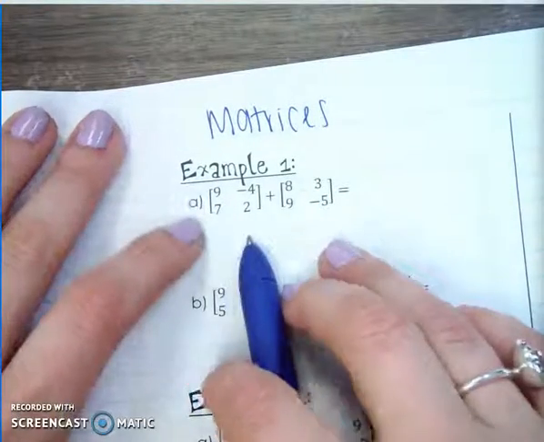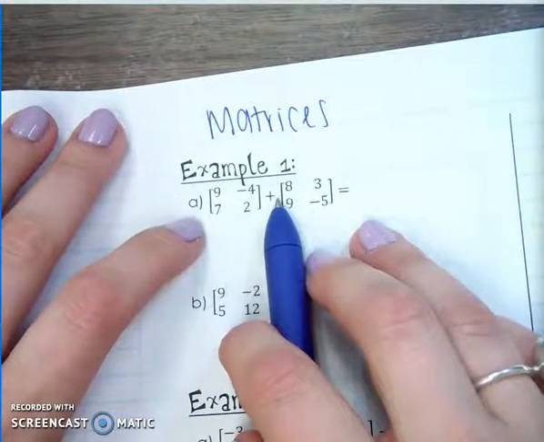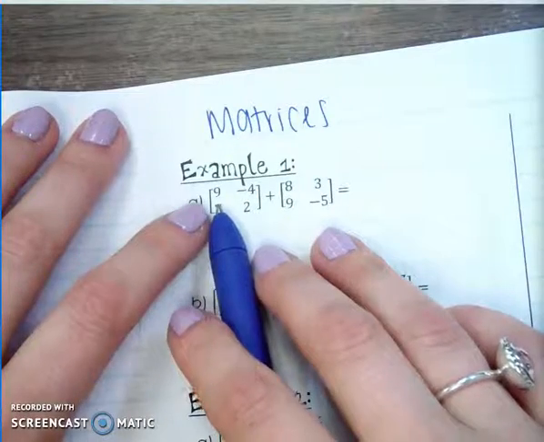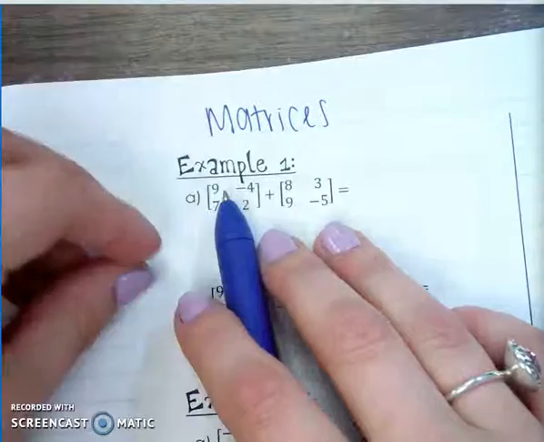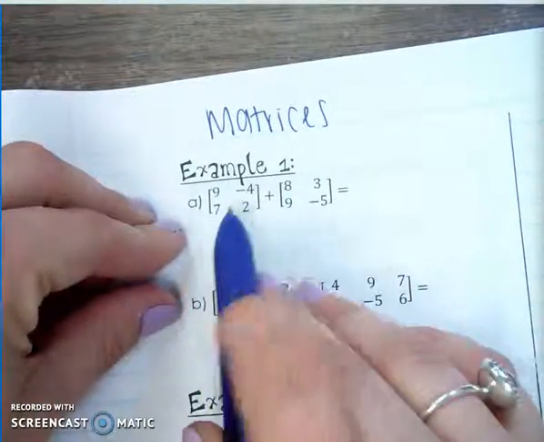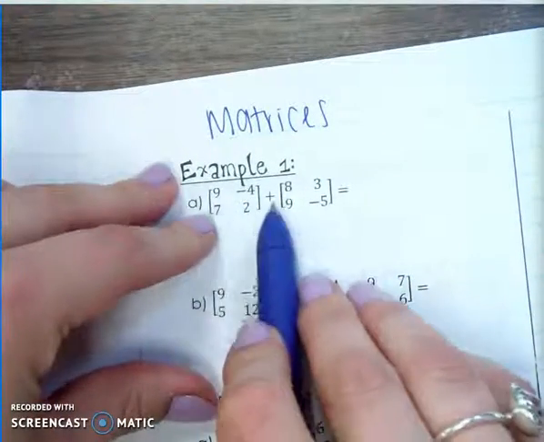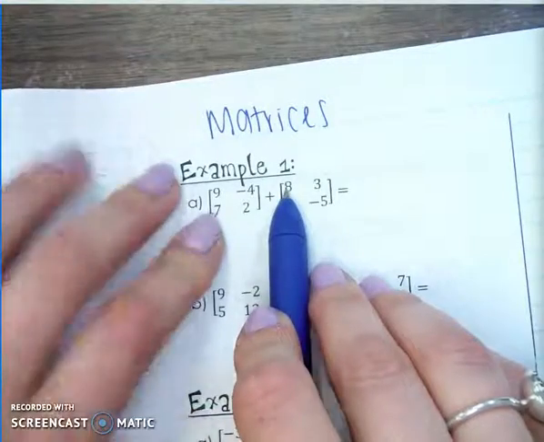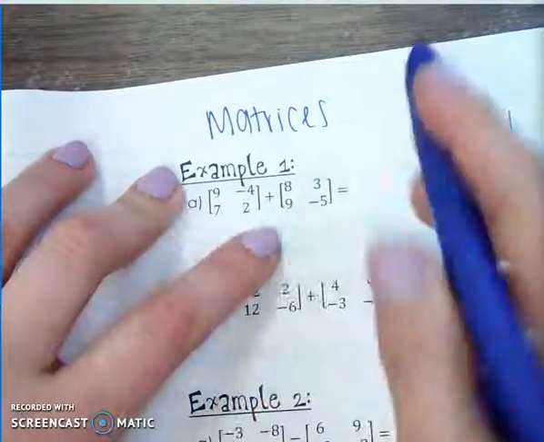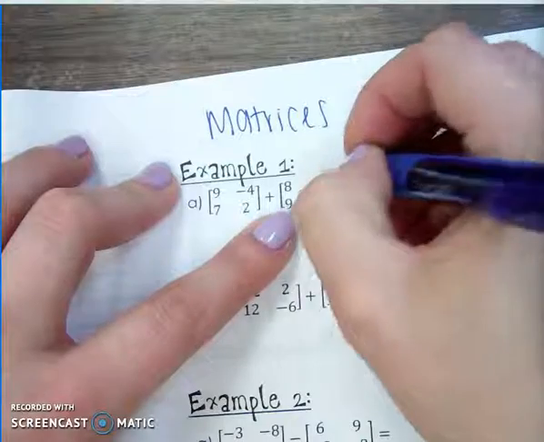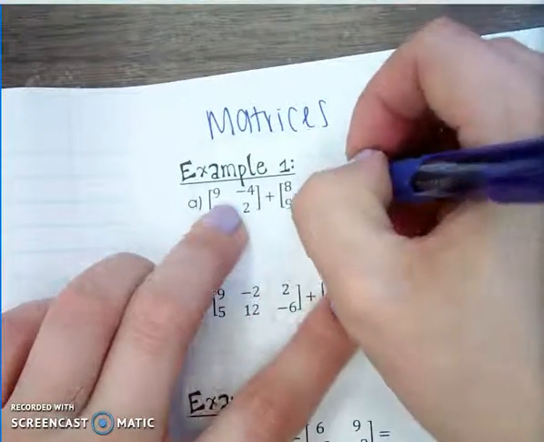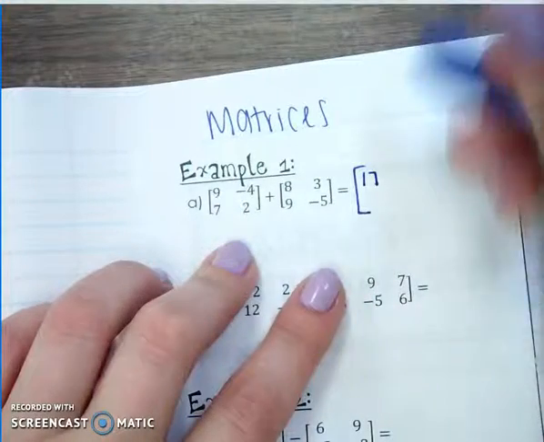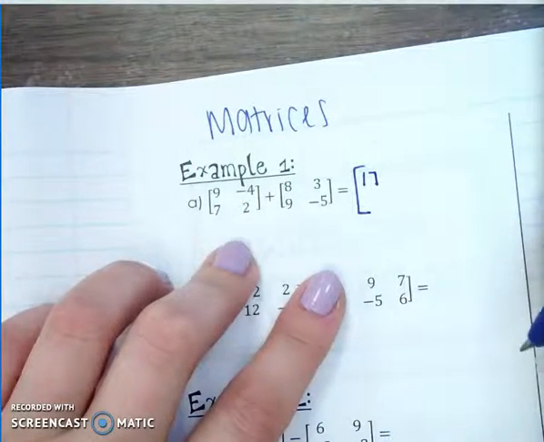So when you're adding matrices, whatever number is in this top left corner, I'm adding it to this top left corner. So 9 plus 18, and our answer is also going to be in a matrix. So 9 plus 18 is 17. So I'm adding those two elements to equal this matrix over here.